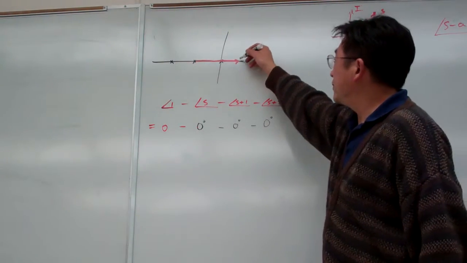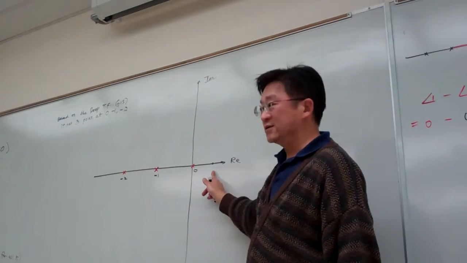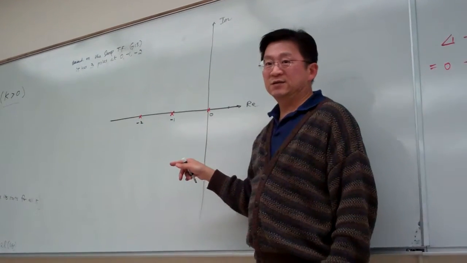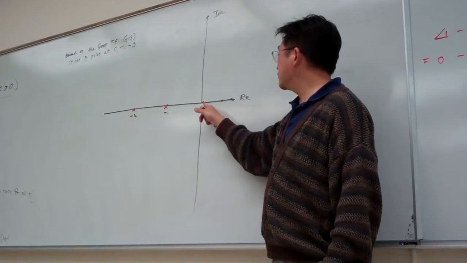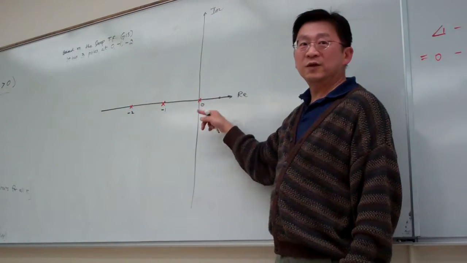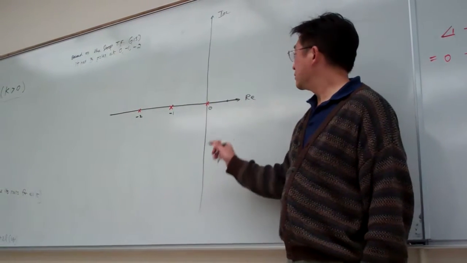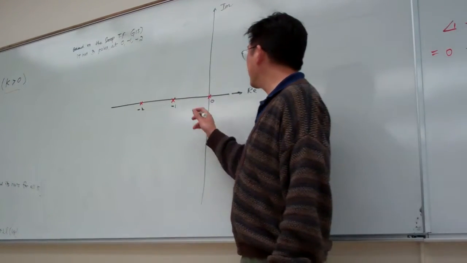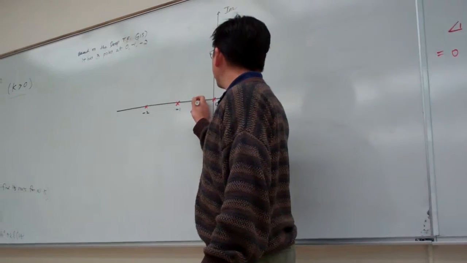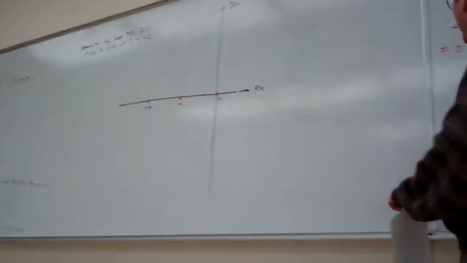So if we pick the test point here, then the phase angle is 0 degrees. It doesn't meet the condition, so all the points to the right of this won't fit. We kick out one segment. Now we move our focus to here. We take any test point in between 0 and minus 1, and we try again.